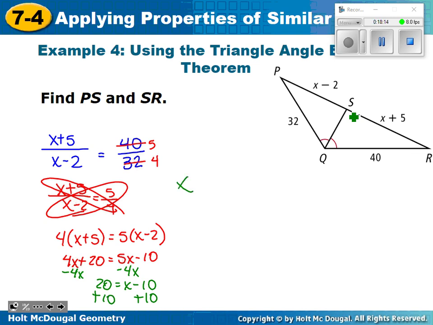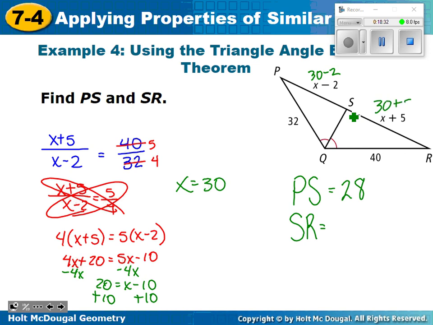So x is equal to 30. But that is not what it asked us to find. What did it ask us to find? PS and SR. So go back and plug it in. PS then will be 30 minus 2, which is 28. And SR will be 30 plus 5, which is 35.